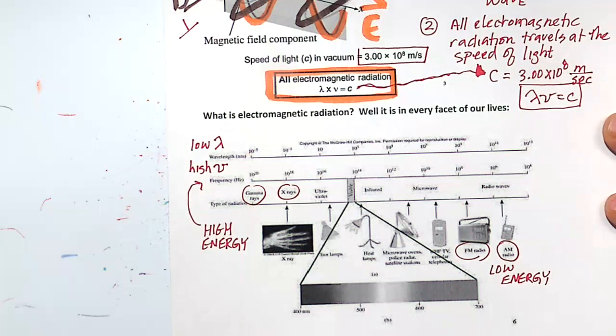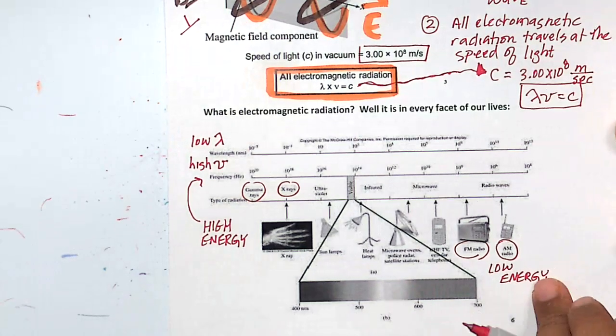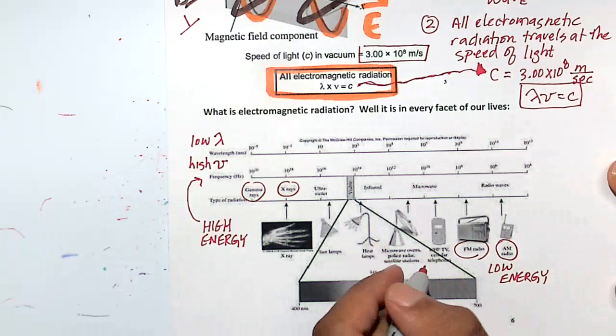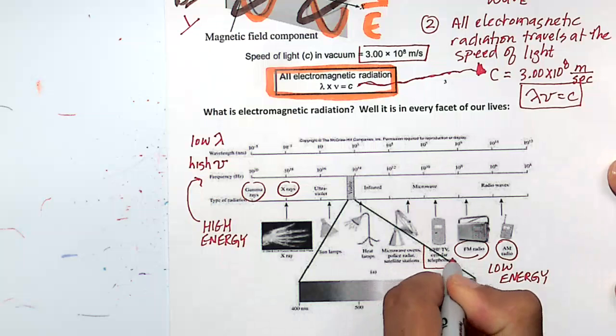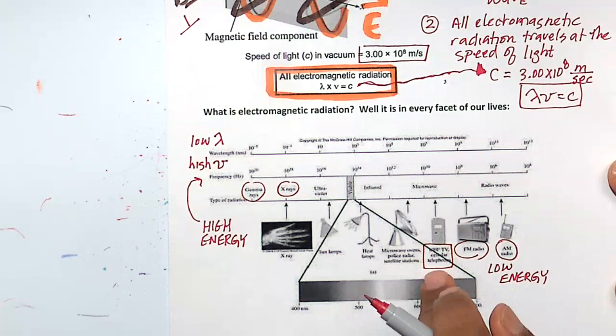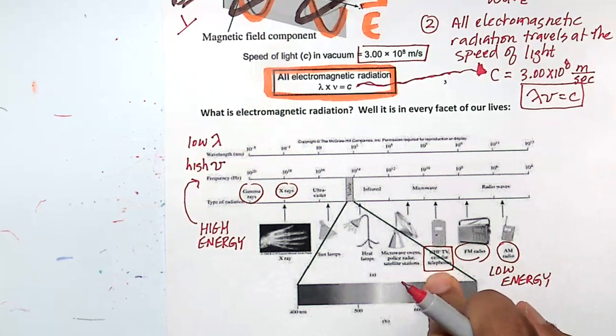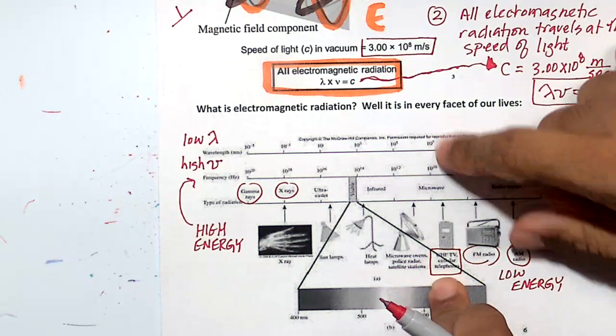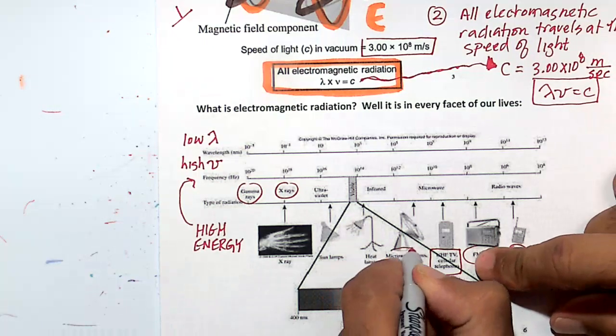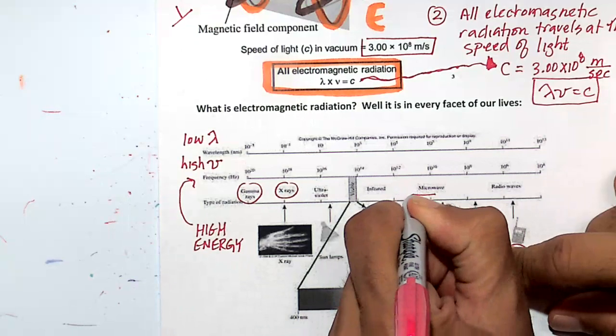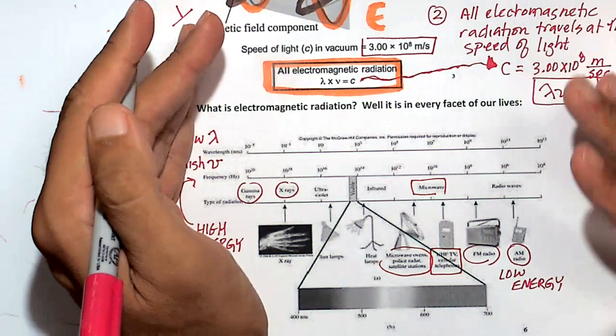Low energy, the radio waves. Here's something that everyone's on, their cell phone. Anyways, that's part of the electromagnetic spectrum. Microwave radiation, that's around here. Everything is kind of intermediary.